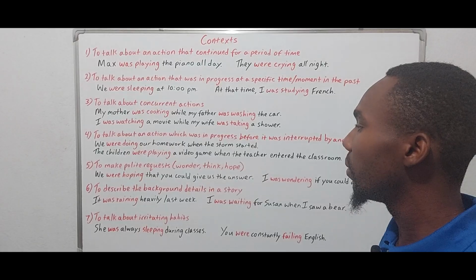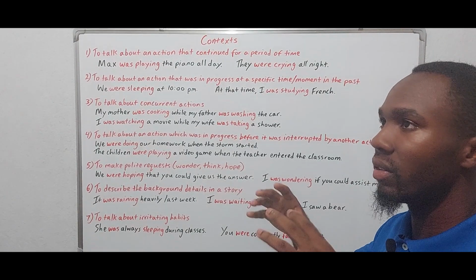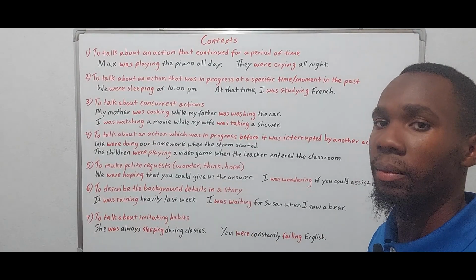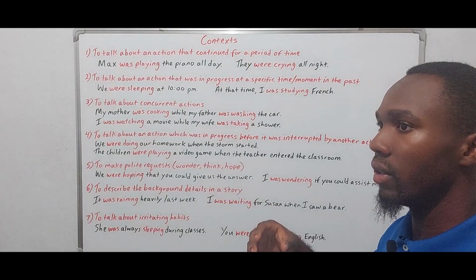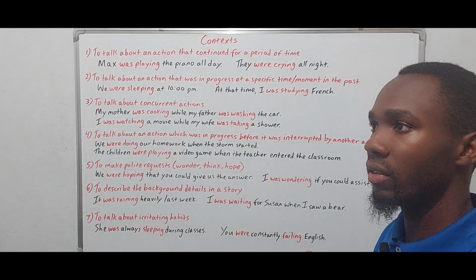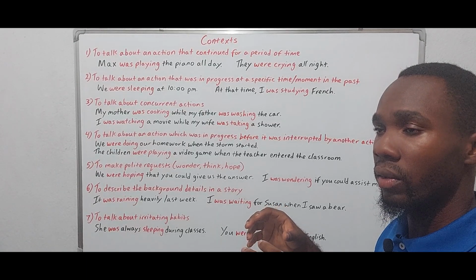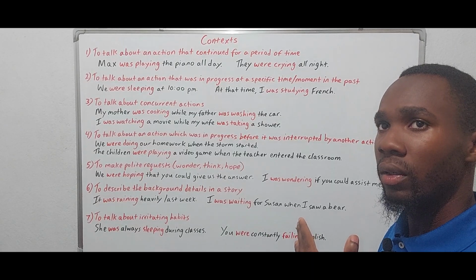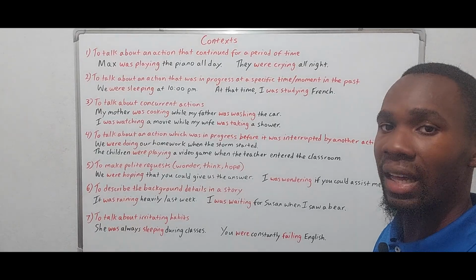6. To describe the background details in a story. So when we want to set the scene in a story, we normally utilize the past continuous, right? So to give our audience or our readers the details that help to make the context more understandable, right?